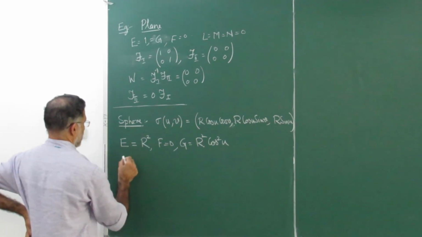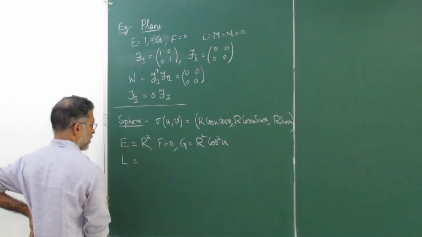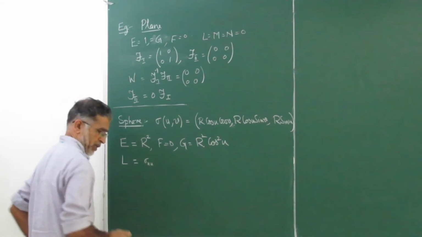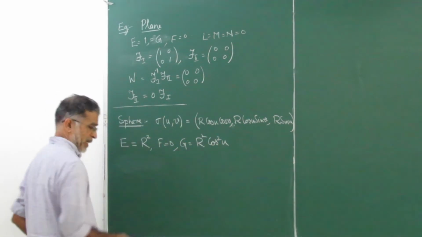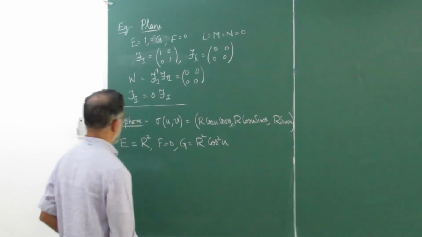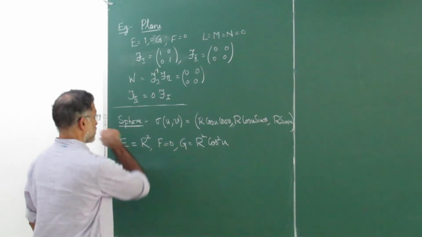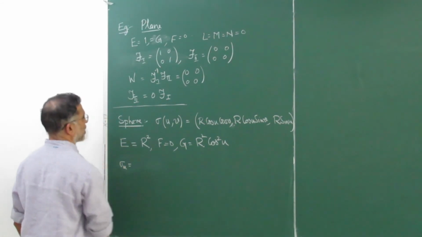What is your L, M, N? L is equal to sigma u, you know, this plays, since I have not done it, and it is interesting. This I have not done a computation.